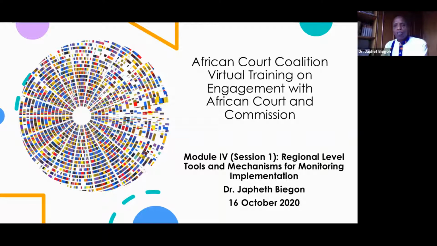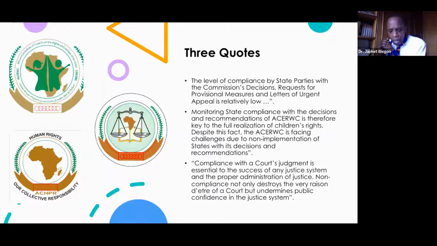So to start off this conversation, and it is really a conversation where I'm going to present my thoughts about the practice on implementation and monitoring by the Commission and the Court, I thought to begin with 3 quotes from the bodies themselves that appear in their most recent activity reports.